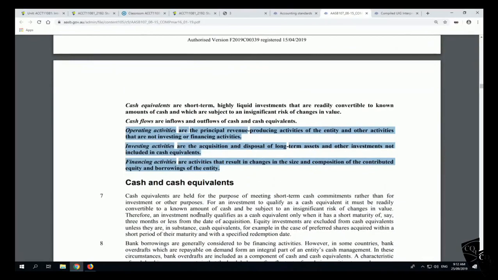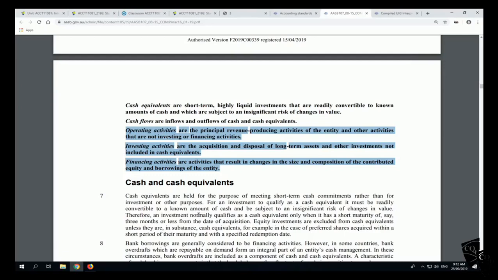So we've got operating activities, which are the principal revenue-producing activities of the entity and other activities that are not investing or financing activities. Investing activities are the acquisition and disposal of long-term assets and other investments not included in cash equivalents, and we looked at that definition just before.